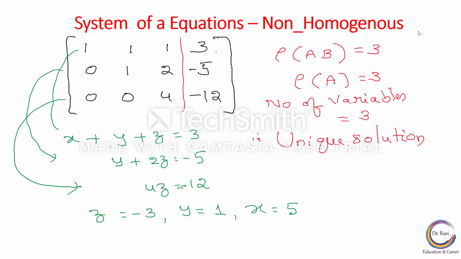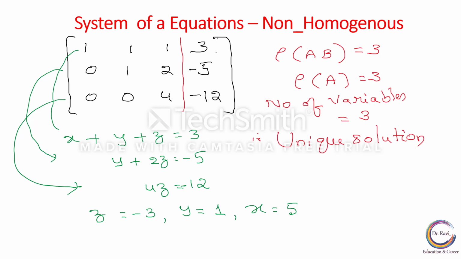And we want the rank of A. If we consider only this part, this is matrix A, which is also in echelon form, where the number of non-zero rows is 3: 1, 2, 3. Therefore the rank of A is also 3. That means rank of AB equals rank of A, both are equal. Therefore we say the system is consistent. That means the system has a solution.